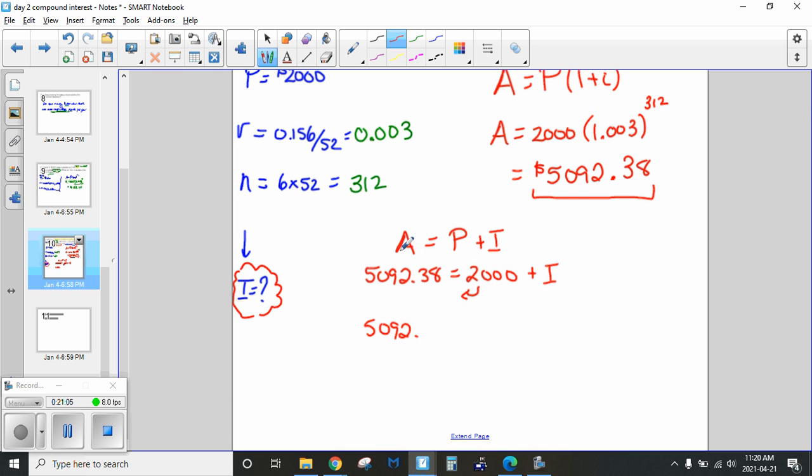We're doing a takeaway P. So that comes out to be $3,092.38 worth of interest. That's like extra money above and beyond your original loan that has to be paid back. Yikes.